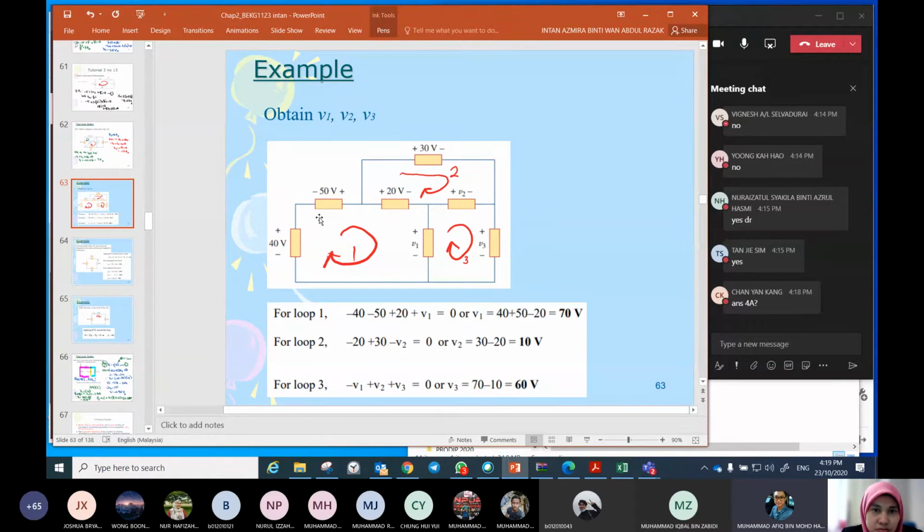If they don't put the sign, if there is no sign, we assume the current enters the positive terminal of the voltage. Because in this circuit, we don't know whether this rectangle shape is a voltage source or a resistor or what. So just follow the sign of this.